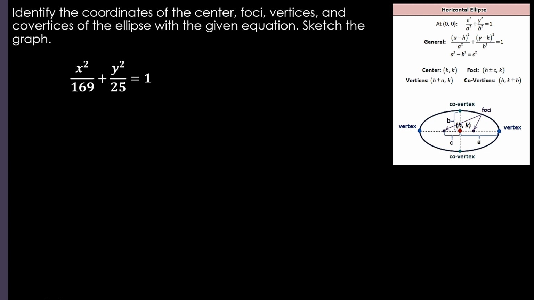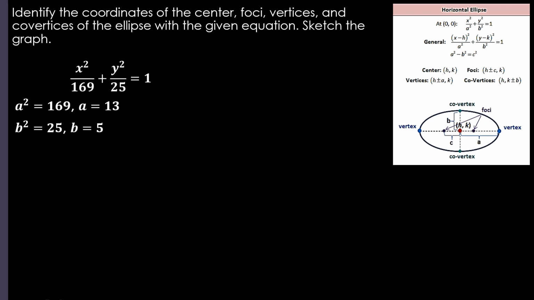Since a squared is the larger denominator, a squared is equal to 169. So, a is equal to 13. Then, b squared is equal to 25. So, b is equal to 5.